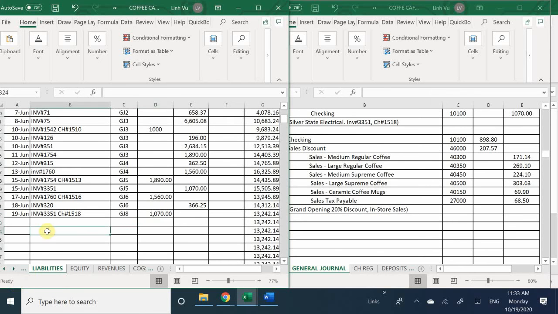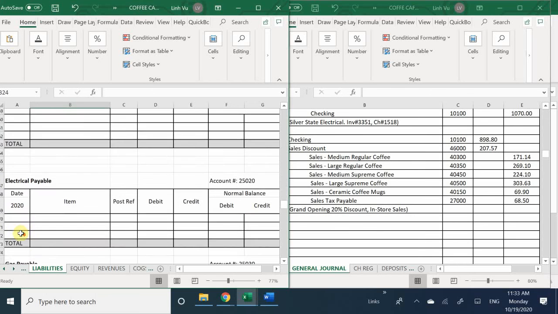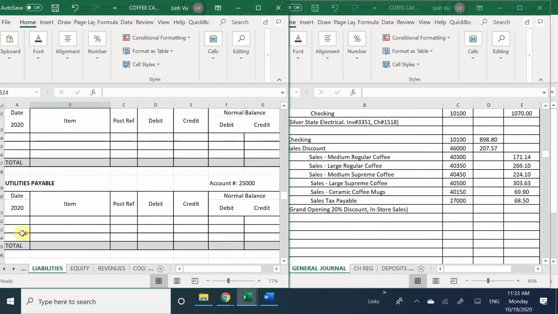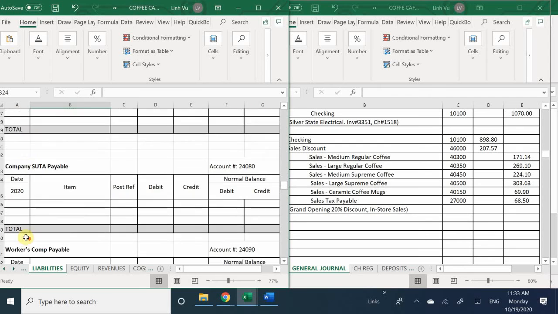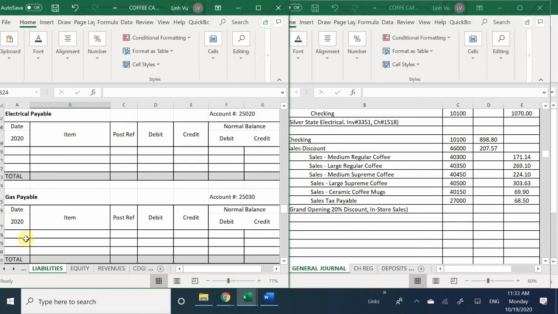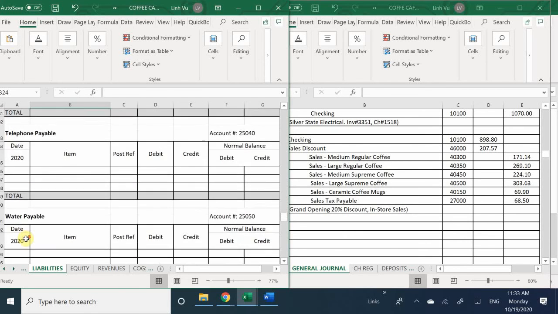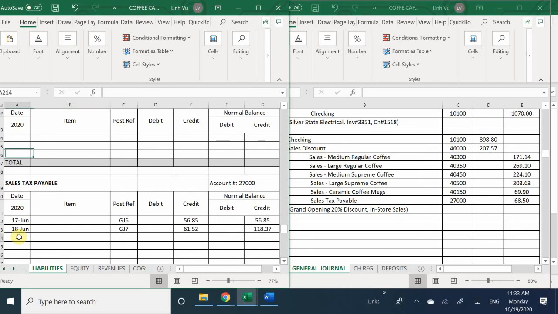So now we're going to go to liability, scroll all the way down until we find our sales tax payable. Oh, I'm way far off. Sales tax payable. There you go, sales tax payable, June 19. Okay. General journal number 8.